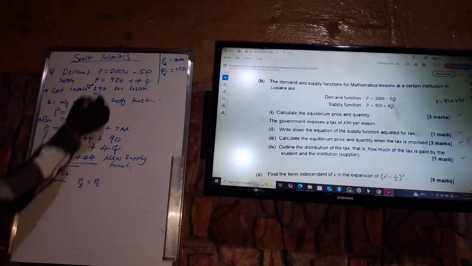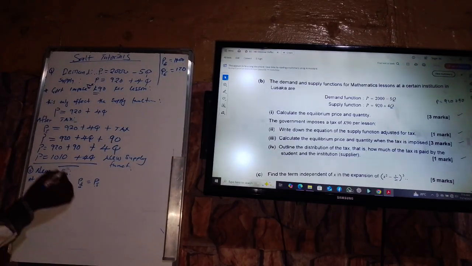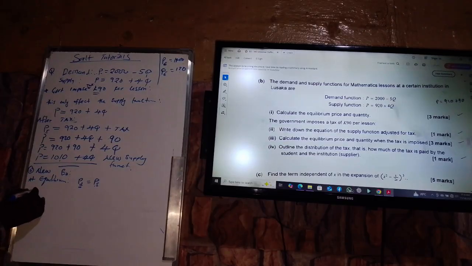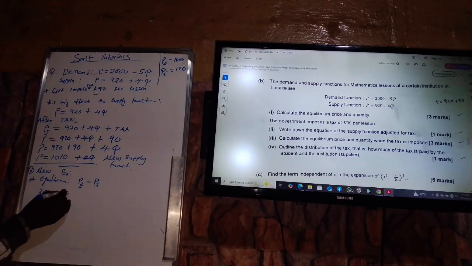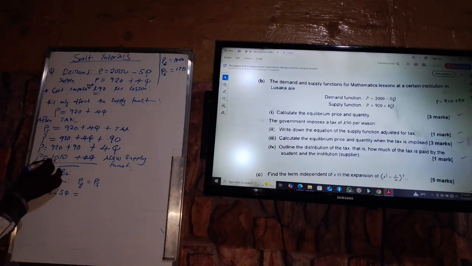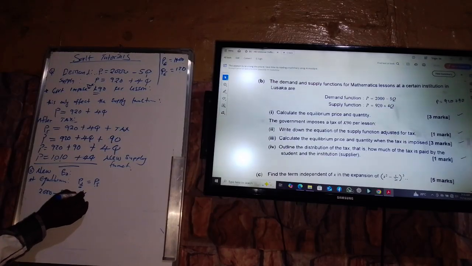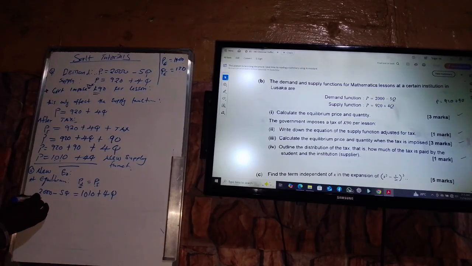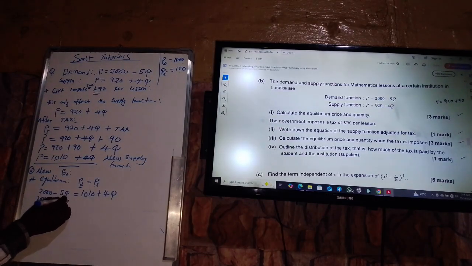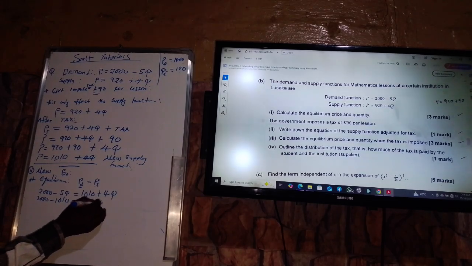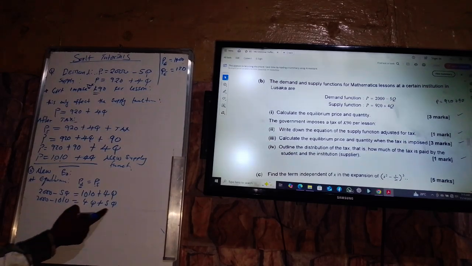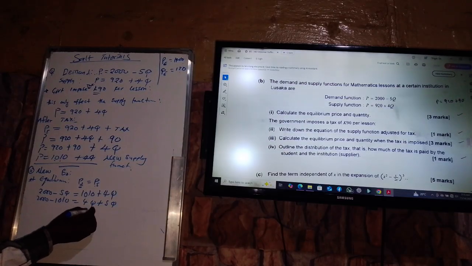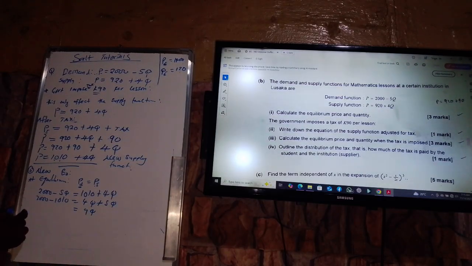PD did not change, it is still the same PD, but PS has changed to this one. So I'm going to have PD equal to 2000 minus 5Q, equal to PS now, which is the new supply function, 1010 plus 4Q.